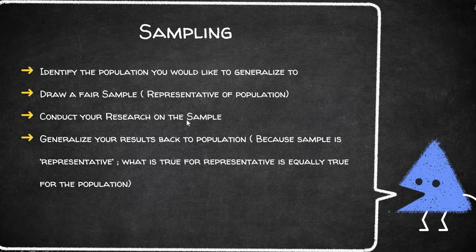So let's begin with the concept of sampling. Sampling starts with identifying the population you would like to generalize to. So population, definitely it would have some kind of characteristics.